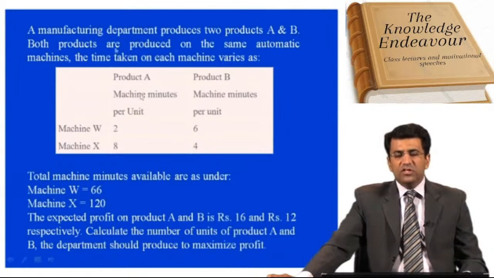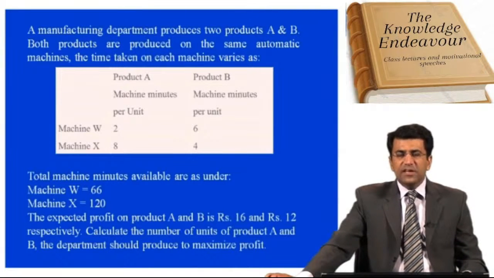Suppose the manufacturing department is producing two products, and this is our assumption, that the department is producing only two products, that is product A and product B. Now of course, in order to produce a particular product, it will have to pass through the different machines.